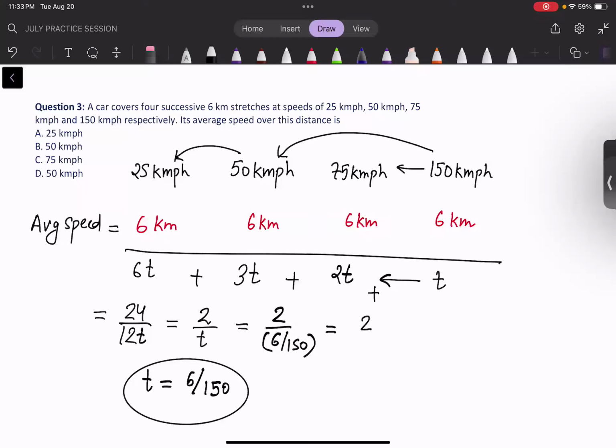So this will become 2 into 150 by 6. So overall this will become 50 kmph. So understood this, all of you, please confirm.